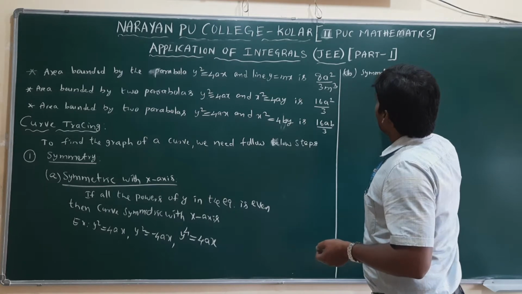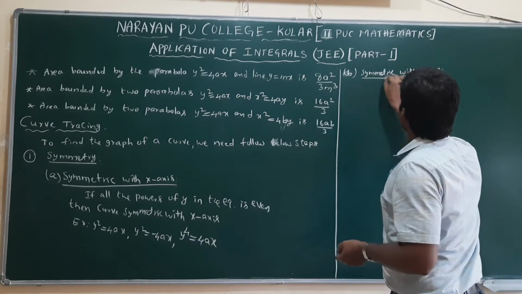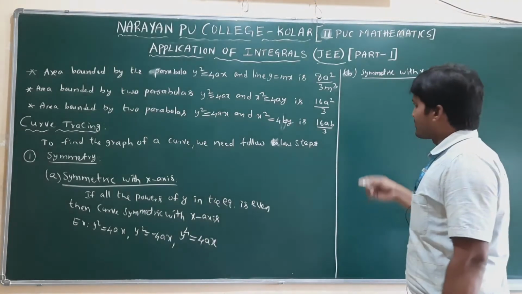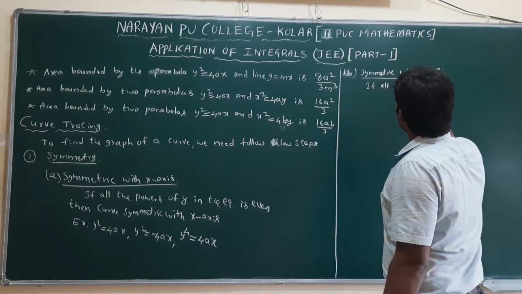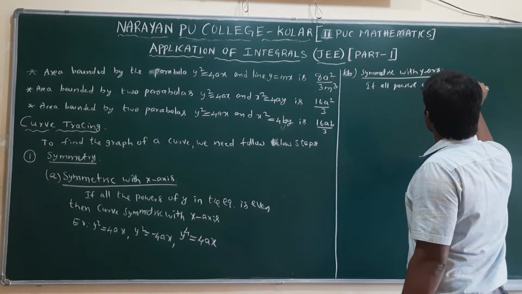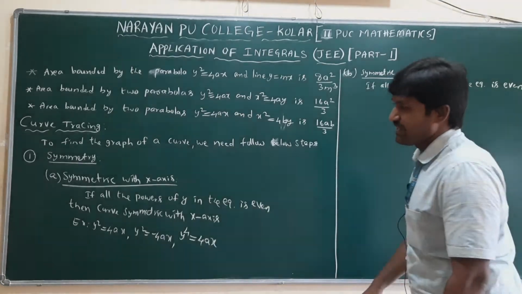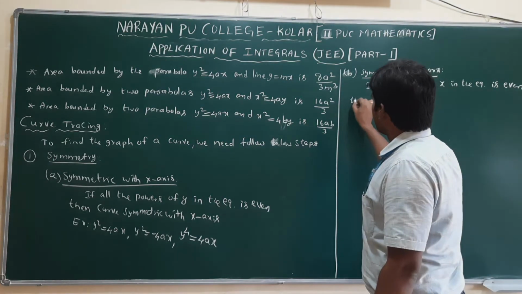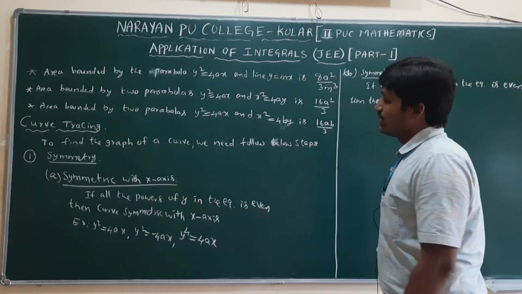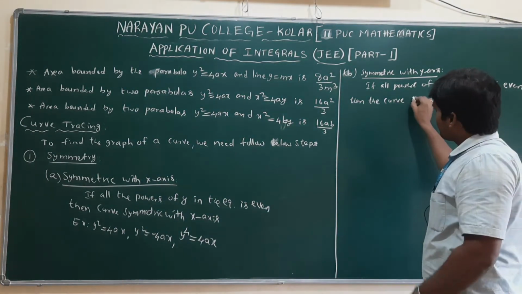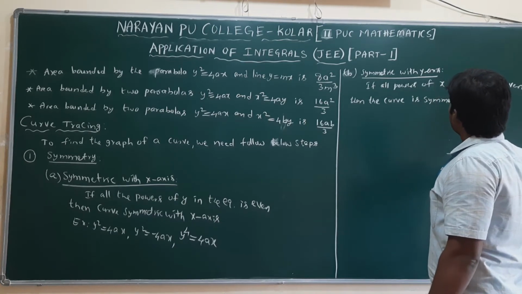Now, the same thing, how to identify symmetry with respect to the y-axis? Symmetry with respect to the y-axis means, simply, if all powers of x in the equation are even, then the curve is symmetric with the y-axis.